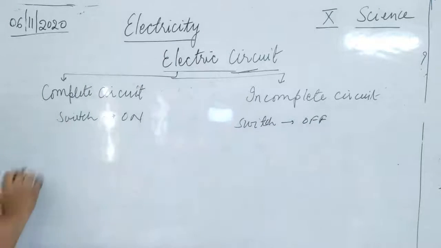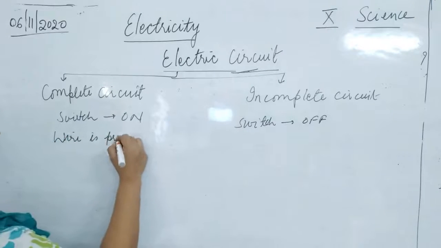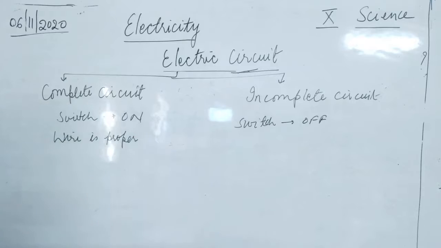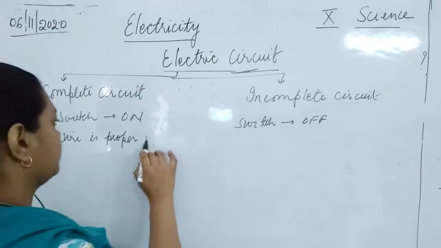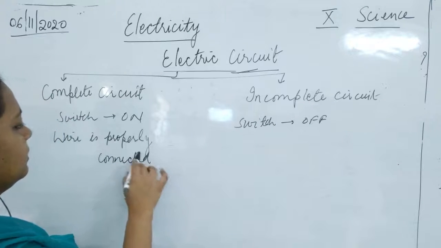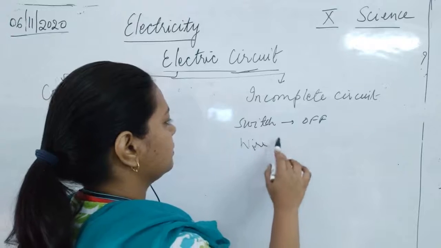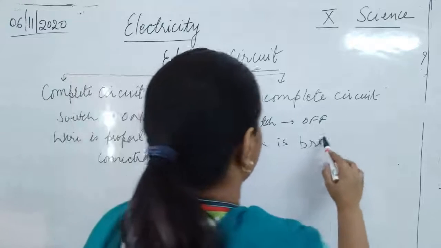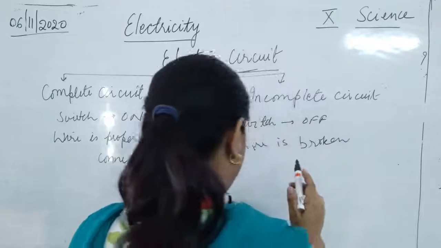Got it? Here wire is proper, properly arranged, it is properly connected. Or incomplete, what happens? Wire is broken. Okay, the wire is broken.